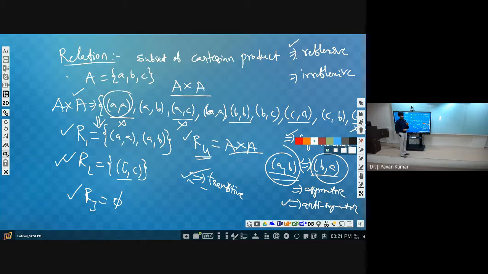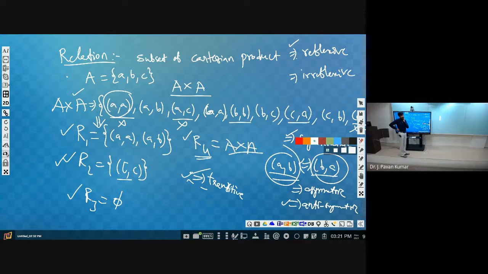what is the meet. Before that, what is the upper bound, what is the lower bound. Before that, what is the maximal element, what is the minimal element. Next, how many maximal elements we can have, how many minimal elements we can have. Can we have a poset which does not have a maximum element? Yes, sir.